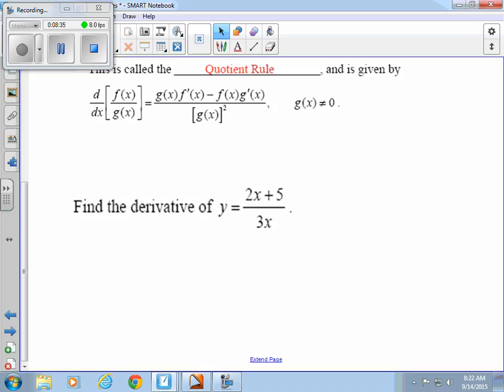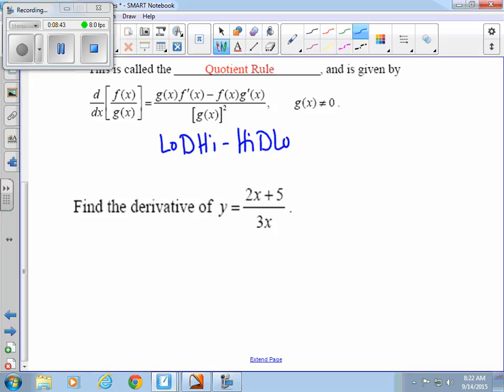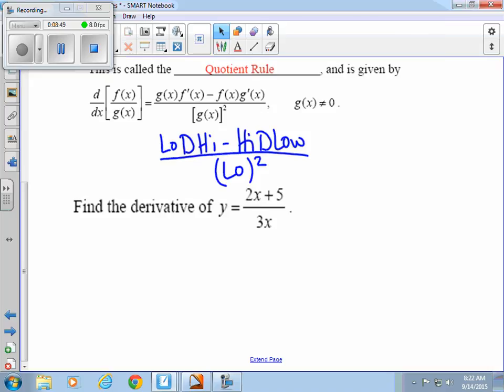Or, low d-high minus high d-low, over low squared. Low d-high minus high d-low, low squared. It's silly, but it's helpful in remembering which one goes first.